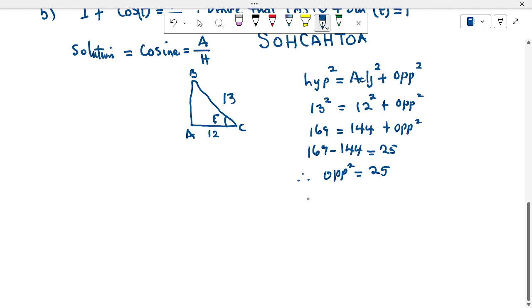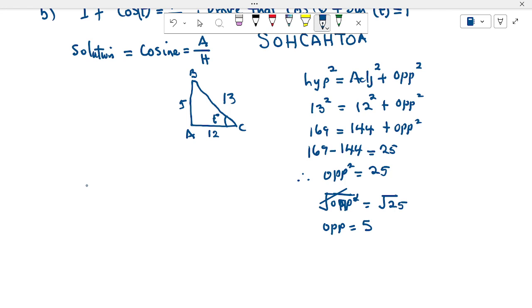So, to get opposite, look for the square root of that side. Anything you do to this side, do it to this side. You look for the square root there also. This square cancels this square root, leaving you with opposite equal to 5. Going back to our diagram, we know that this side is 5.